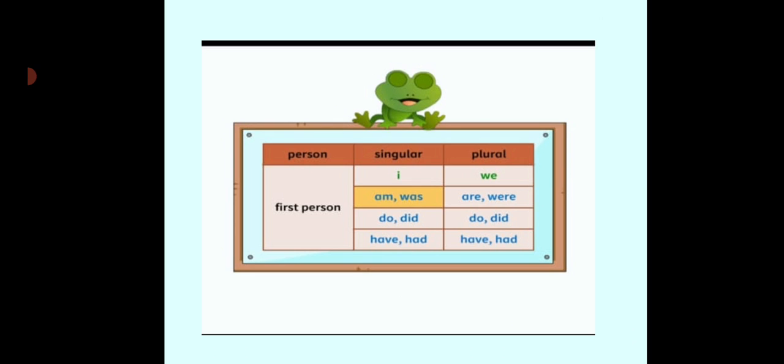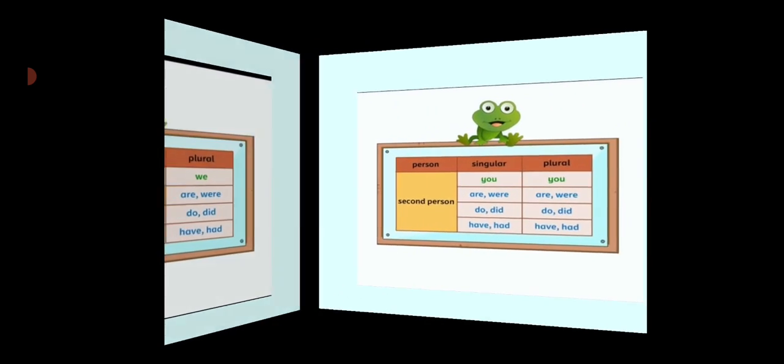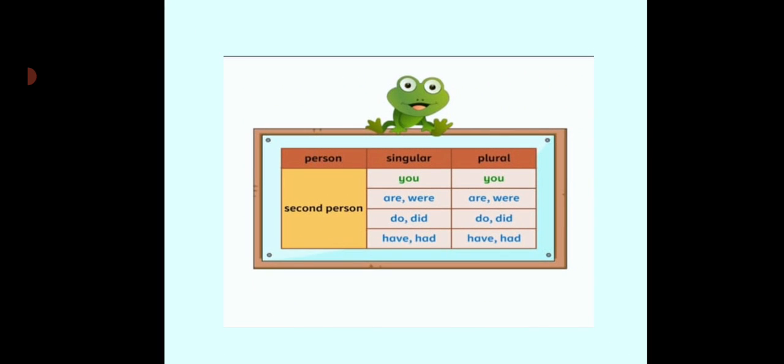In first person singular we use I, plural we; am, was, plural are or were; singular do, did, plural do, did; singular have, had. Let's look into the second person. You can see the table here. Second person is you, and plural also you. You can see the singular and plural helping verbs.